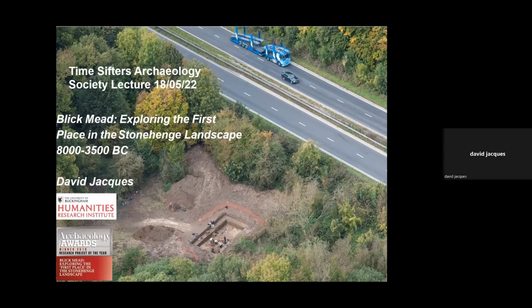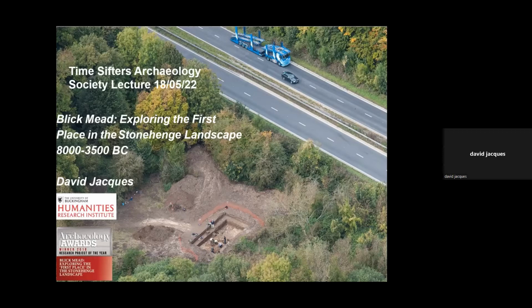But this is especially significant because we're right in the footprint of Stonehenge, and as people listening to this will know, one of the major questions about Stonehenge is, why is it there? And this may well be a new way of understanding why the stones were put where they are.